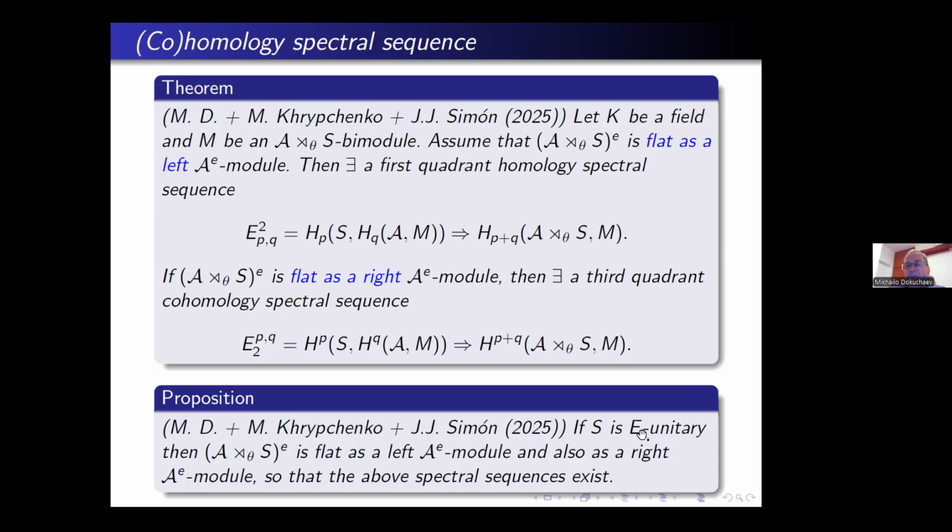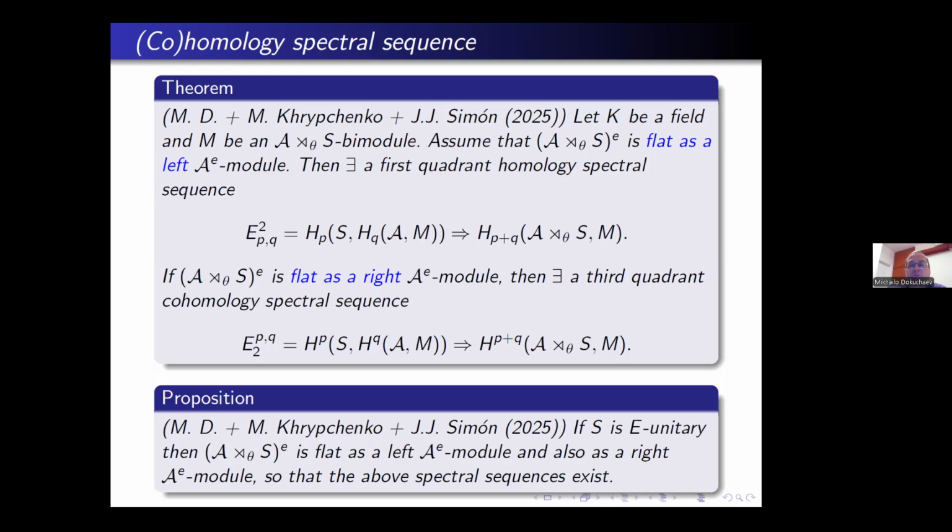Now, assume that S is E-unitary. Then we prove that the enveloping algebra of the cross product is flat over the enveloping algebra of A. This is a non-trivial fact. It's not immediate. It is a proposition, but it needs some calculations.